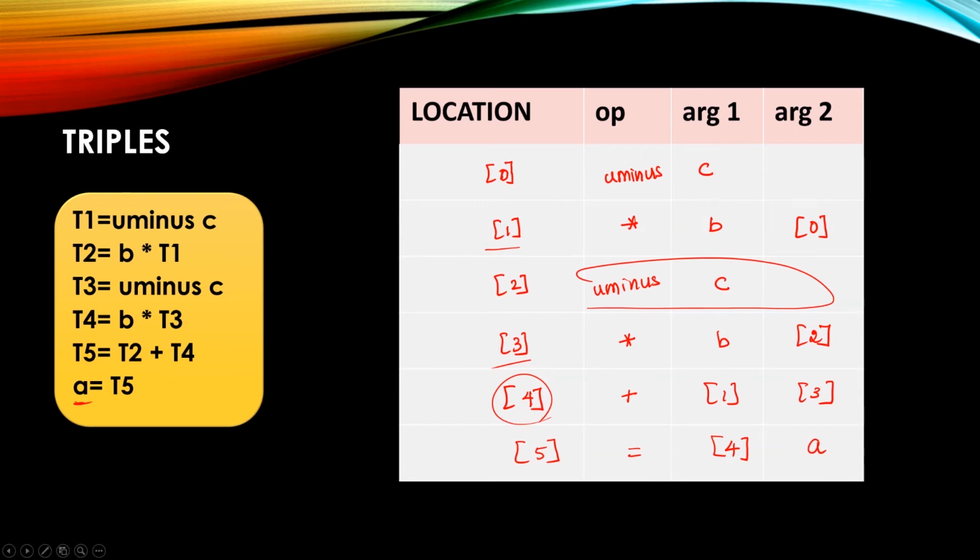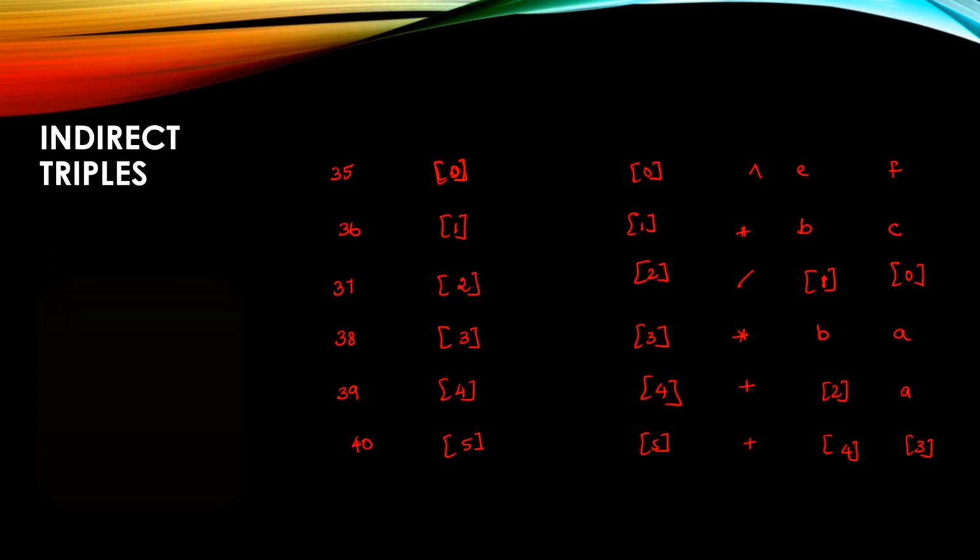It has to be assigned to our operand A. Since it is an operand, you have to mention it. If it is a temporary variable, there is no need to mention it, whereas if an operand is used, you have to mention that operand. So A is used in the argument 2. The value stored in the location 4 is assigned to the argument A. So this is the meaning of this statement.